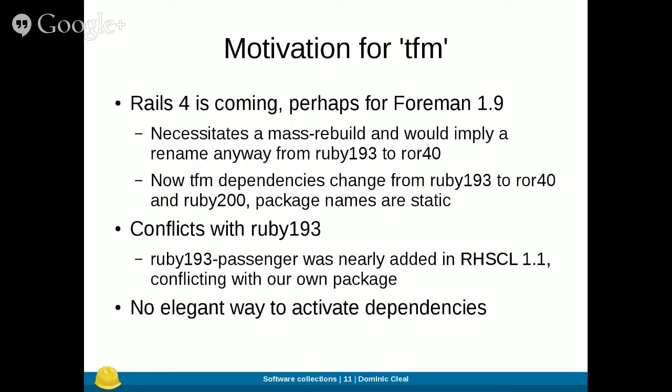And to do this, we would already have to do a mass rebuild of our packages. So we've been moving from ruby193 to ror40, and that means renaming everything. That means renaming all of the packages that we ship, all of the dependencies in those packages to point to the right collections, and generally a lot of disruption.